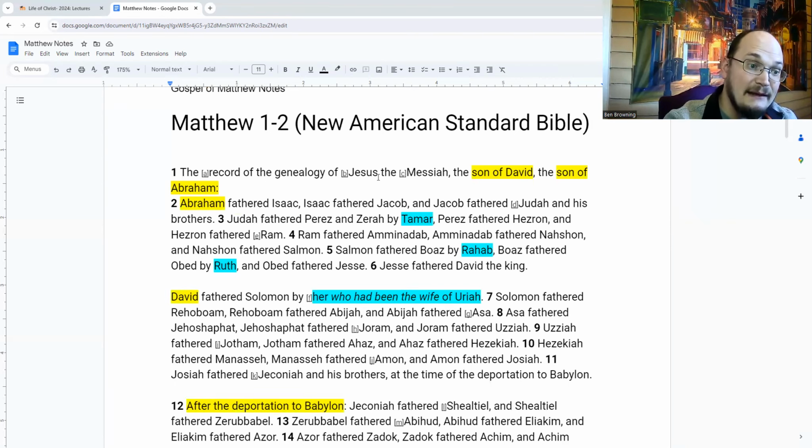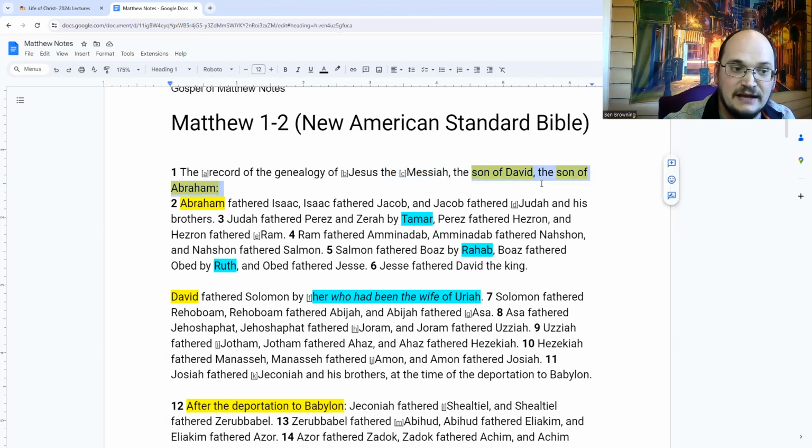So as we look at Matthew's genealogy, we see him set that up. He says, the record of the genealogy of Jesus, the Messiah. Now, that is a major claim because there have been many other people that have claimed to be the Messiah falsely. So he's making a case. Jesus is not just some guy. He is the anointed one promised from God.